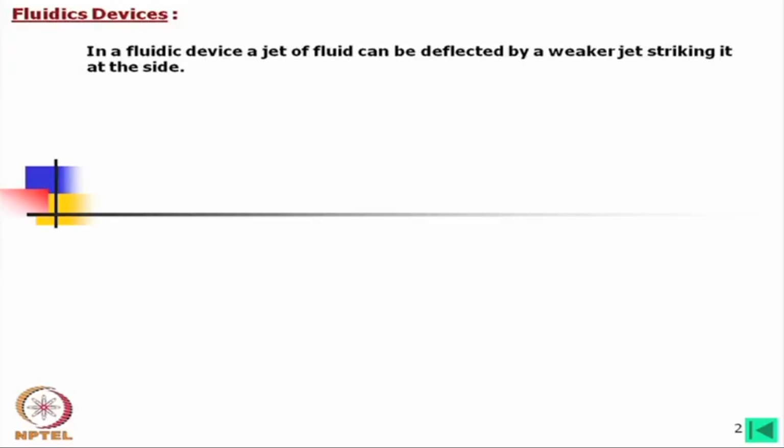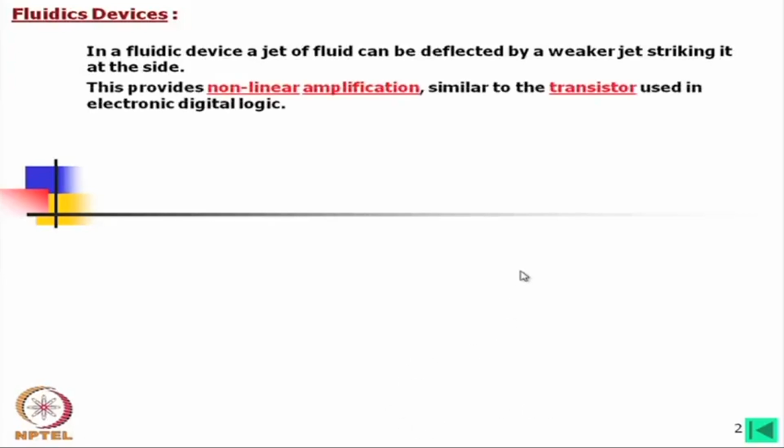So, imagine a fluid is flowing in a direction and that is being disturbed by another flow from the transverse direction or at an angle. This provides nonlinear amplification.